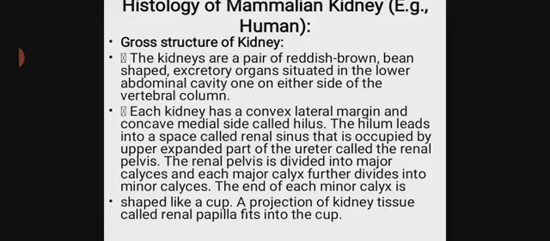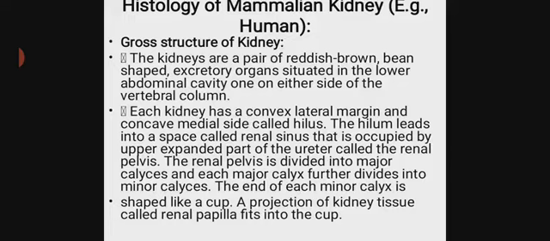Coming to some important features of mammalian kidney histology, the gross structure of the kidney. Kidneys are a pair of reddish brown bean shaped excretory organs situated in the lower abdominal cavity, one on either side of the vertebral column, and each kidney has a convex lateral margin and a concave medial side called the hilus.